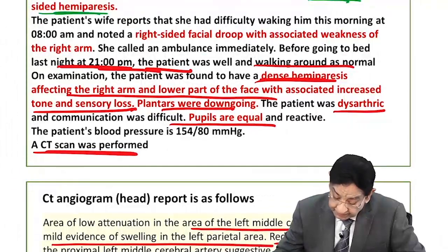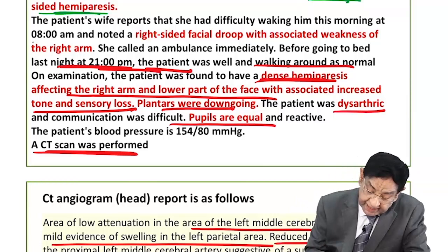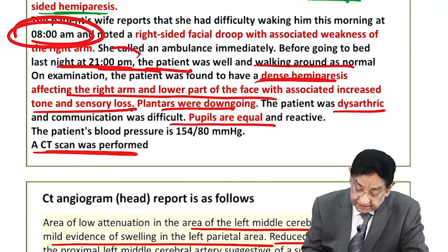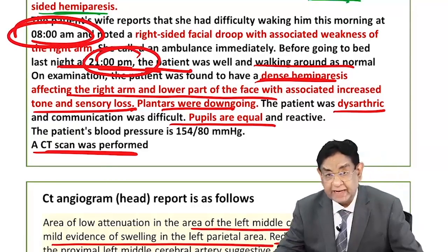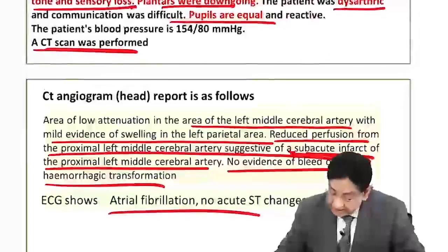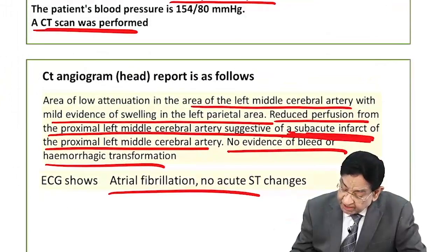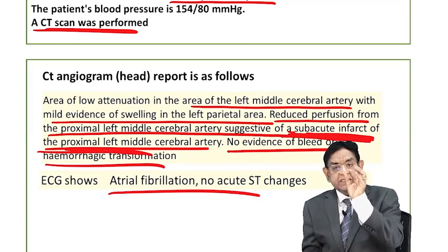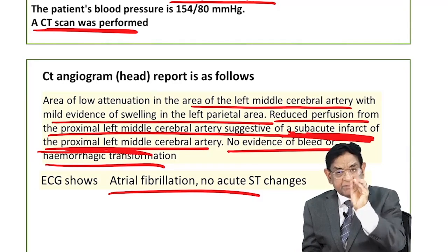This patient's problem started at 8 a.m. and it is now 9 p.m., a long gap of 13 hours. And there is some area of subacute infarction, which means there is still salvageable brain tissue.